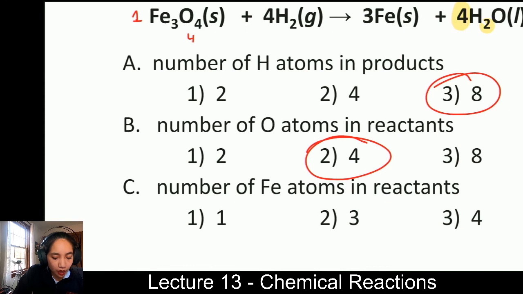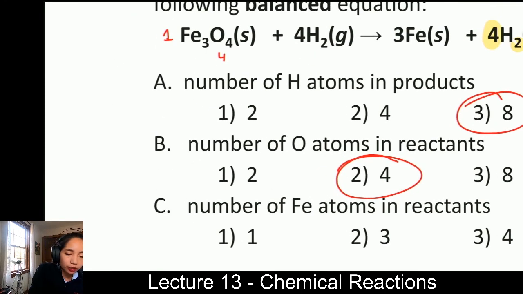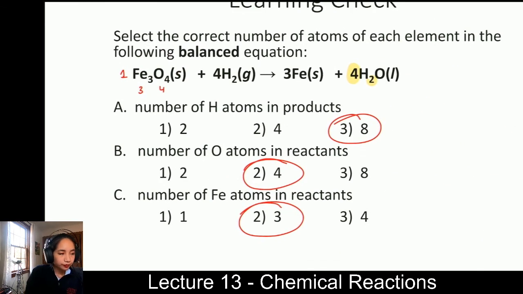And then finally, the number of iron atoms in the reactants. And again, if you look at our iron compound, that's the only place iron shows up. And so there are also 3 irons in that compound. All right. And you can even go ahead and check if this equation is balanced. It is.